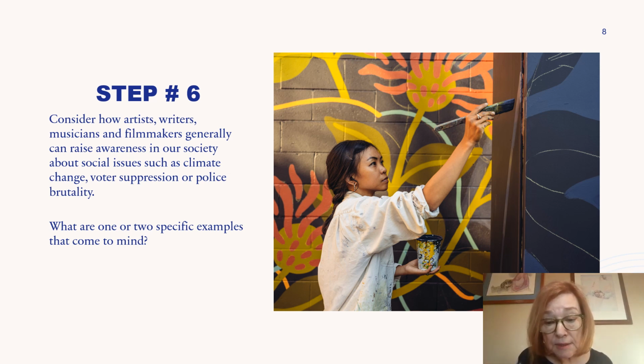Banksy comes to mind, the anonymous graffiti artist, who has raised awareness in a fun, cool way about a number of these social issues. So, give me ideally a couple of specific creators and specific works that are shining examples for you of how this awareness can be raised.